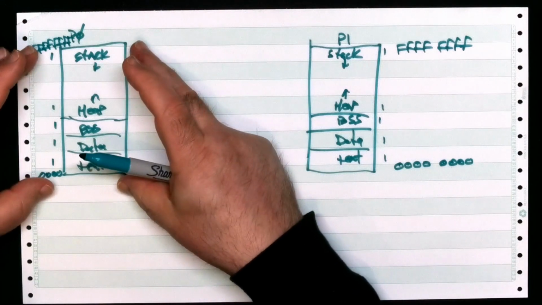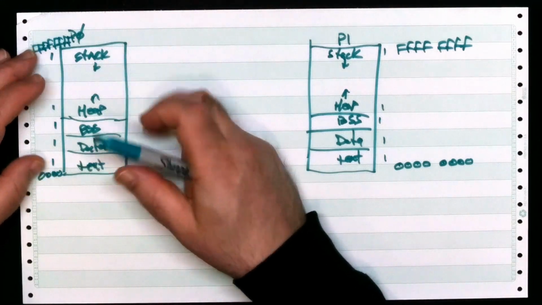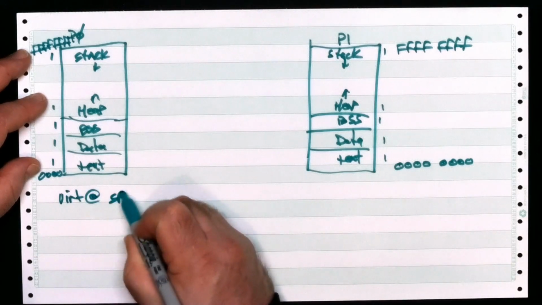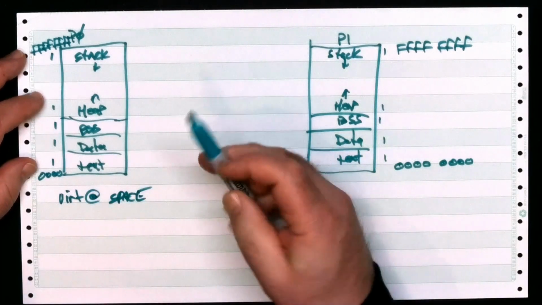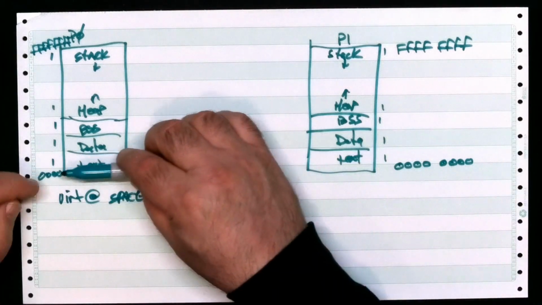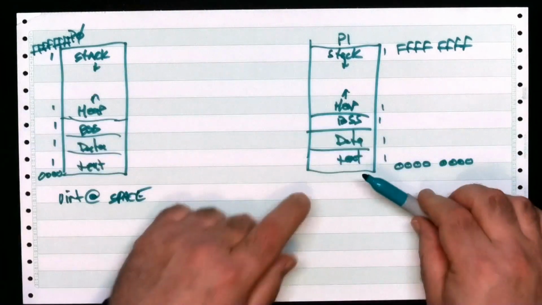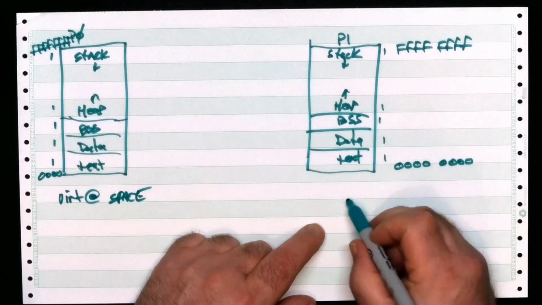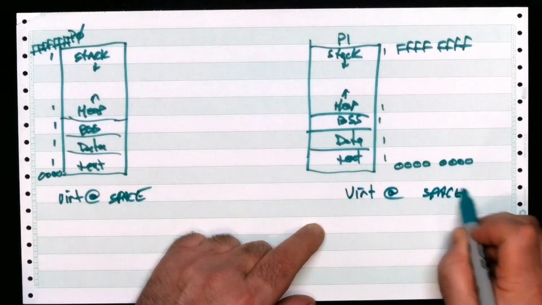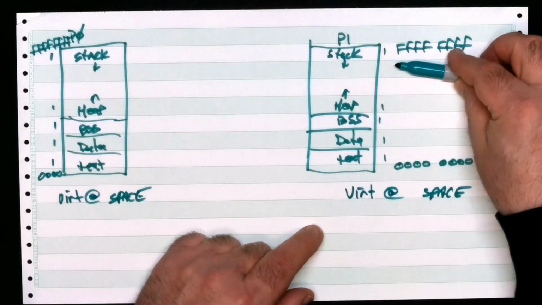This is a virtual address space, as opposed to just an address space or a physical one. This is going to go from 0 to all Fs, and this one's going to go from 0 to all Fs as well. And these are virtual address spaces, okay?